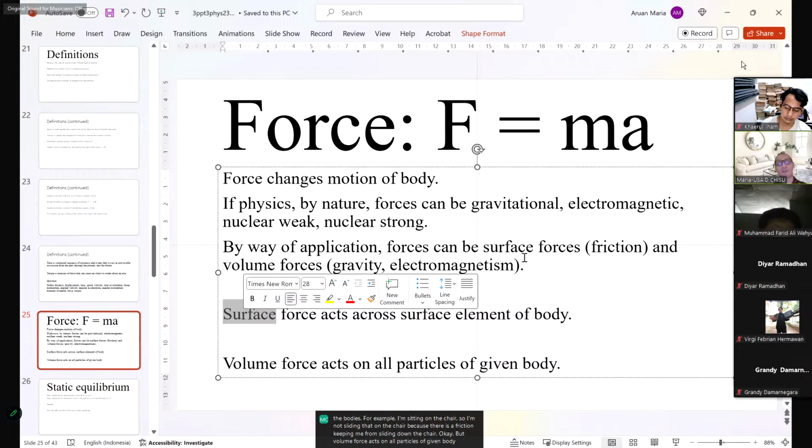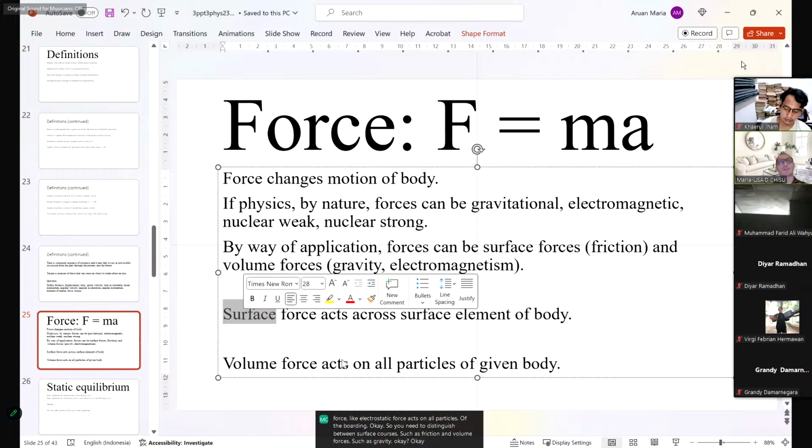For example, gravity acts on all particles of my body. Like electrostatic force acts on all particles of the body. So you need to distinguish between surface forces such as friction and volume forces such as gravity.